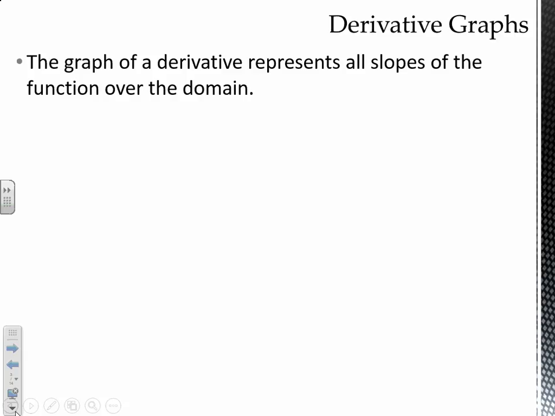Right? If a derivative means the slope of the tangent line, slope at any point, okay, then the derivative graph is going to take all of those slopes and make a new graph, okay? So I have kind of an animated deal to show you here.